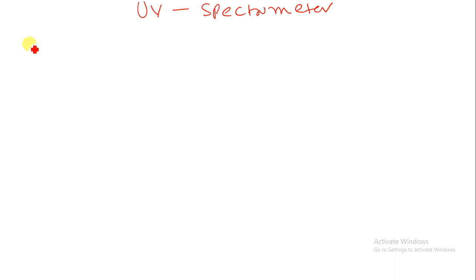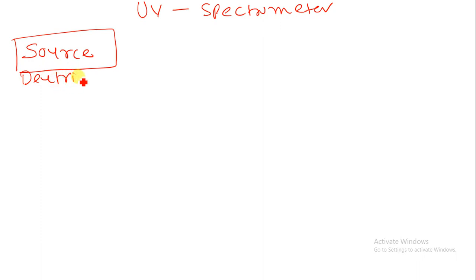First we have a source. The source is the most important part in any instrument. To form UV rays we require a deuterium lamp. This deuterium lamp is utilized to generate UV radiation. This source gives polychromatic light that falls onto the monochromator.